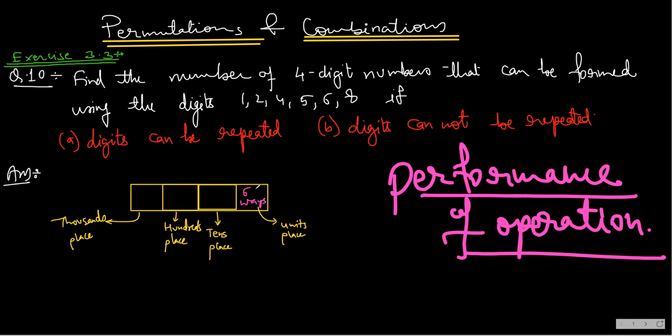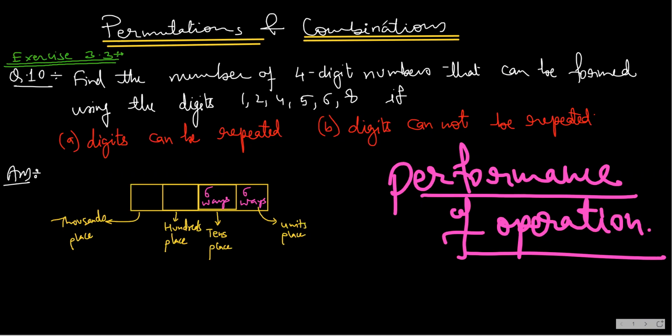Now you have to fill the tens place. You can fill the tens place again in 6 ways. Why? Because the repetition of digits is allowed.